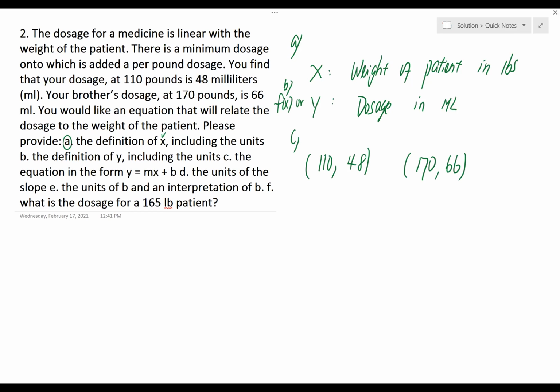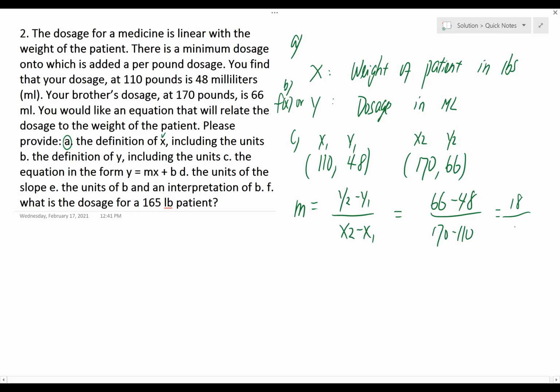And based on those two, we'll be able to find out the slope first. X1, Y1, X2, Y2. So here the slope is Y2 minus Y1 over X2 minus X1. So it will be 66 minus 48 over 170 minus 110. On the numerator, 66 minus 48, that's 18.